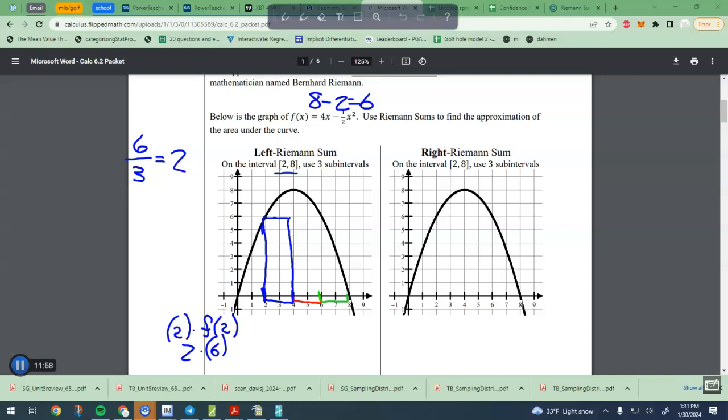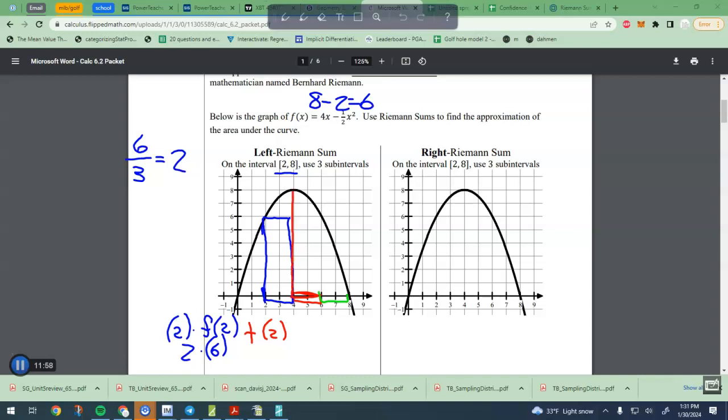So that's my first left-hand rectangle. I got 2 more. So then I'm going to add the area of this next rectangle. Well, the base of that rectangle, also 2. And for the height, am I going to use the 4 or the 6? For my x value that I'm going to plug in, am I worried about the 4 or the 6? For this left-hand side, I'm worried about the 4.